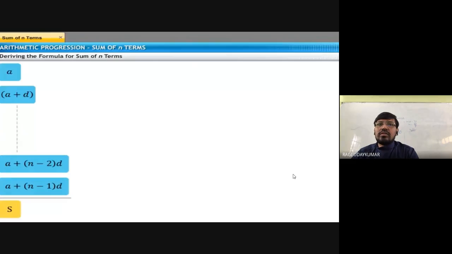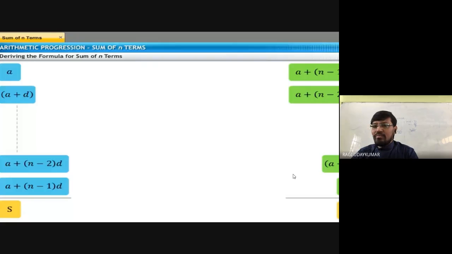The total sum is considered as S, or you can consider Sn also. And the same terms you write in reverse order: a plus (n minus 1) into d first, a plus (n minus 2) into d next, down to a plus d and a. This sum is also represented as S or Sn.